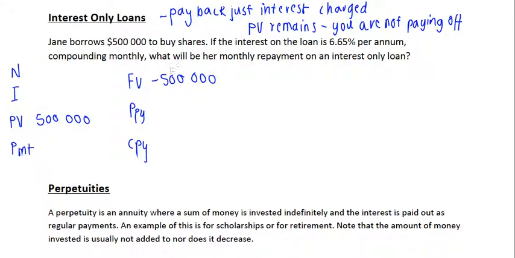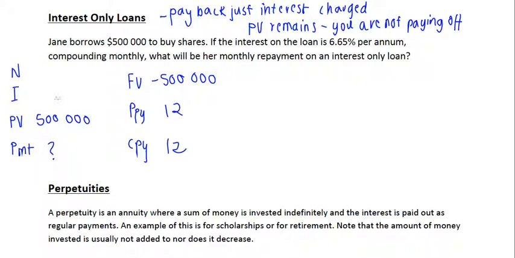After any specified time period, after any value of n, that is how much she owes the bank, what she borrowed at the beginning. She is going to be paying monthly. She's going to pay the interest charge monthly. So that's 12, and it's compounding monthly as well. Payment is what we're trying to find.